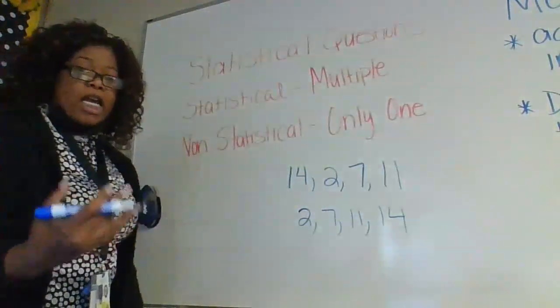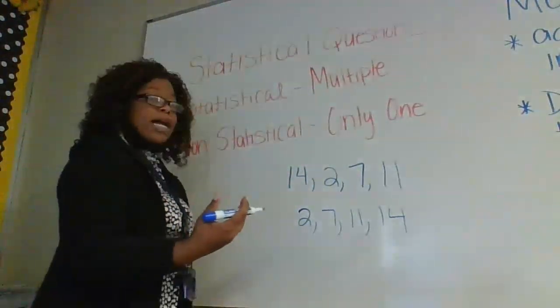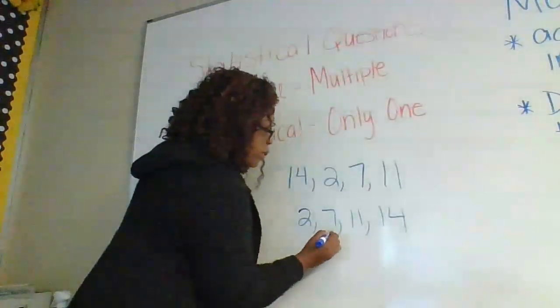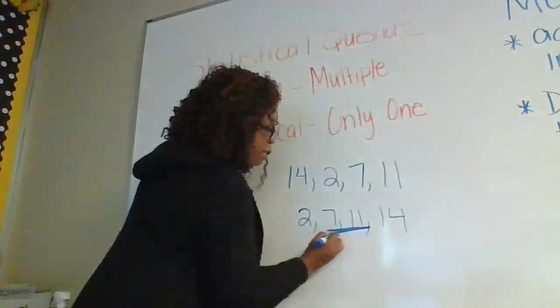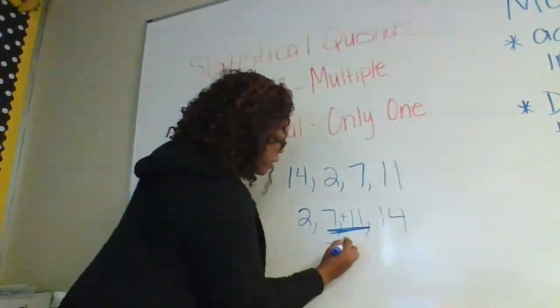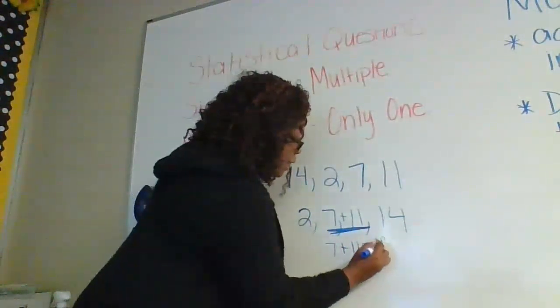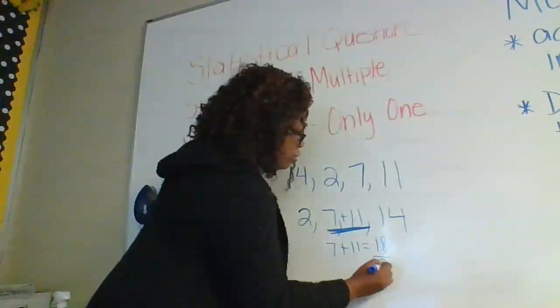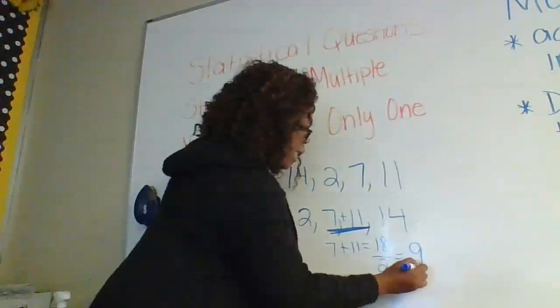Because we have an even number, now we look for the two numbers in the middle, which in this case are 7 and 11. We add those together. 7 plus 11 equals 18, and then we divide 18 by 2, and that gives us 9.